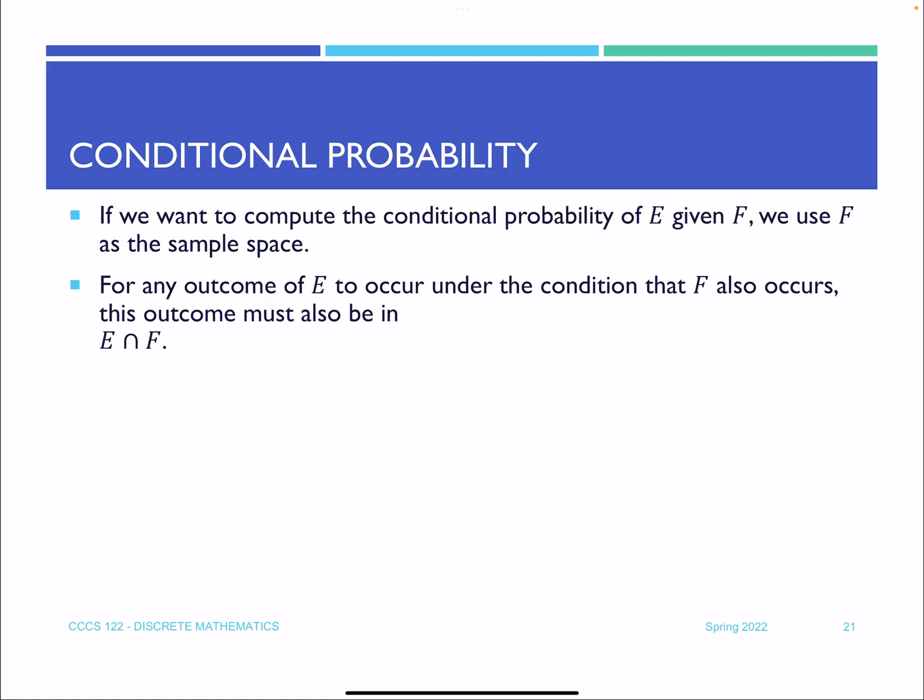If we want to compute the conditional probability of E given F, we use F as the sample space. So for any outcome of E to occur under the condition that F has already occurred, that outcome must be in E intersection F.